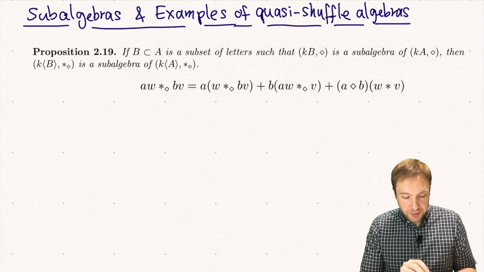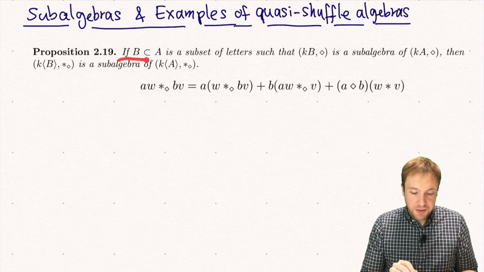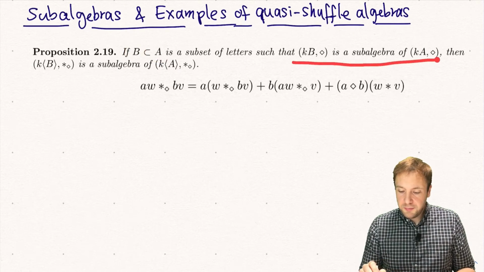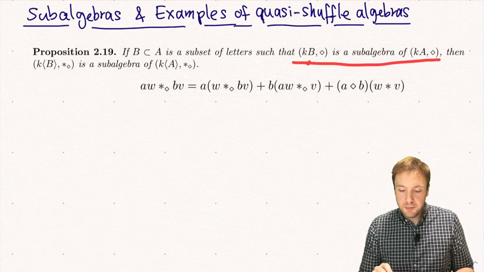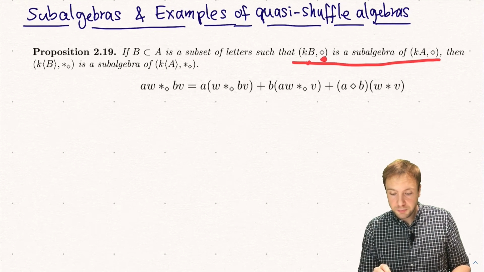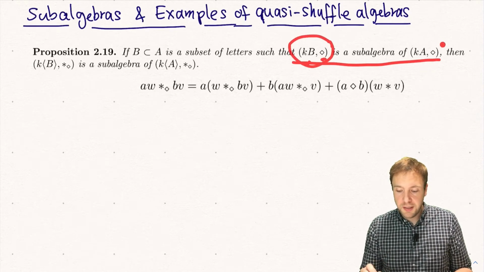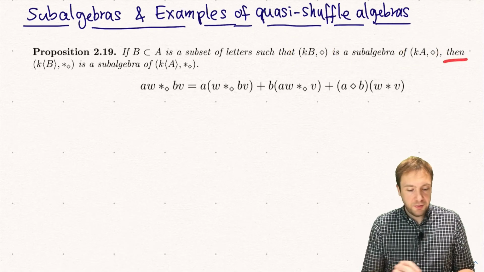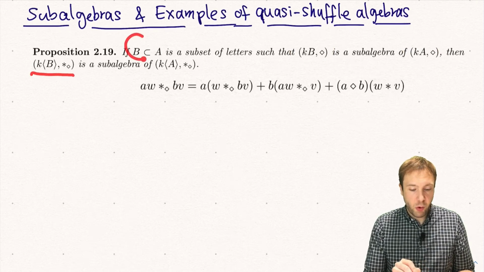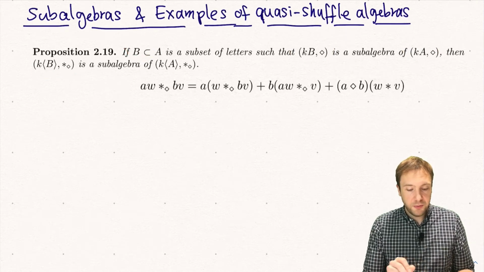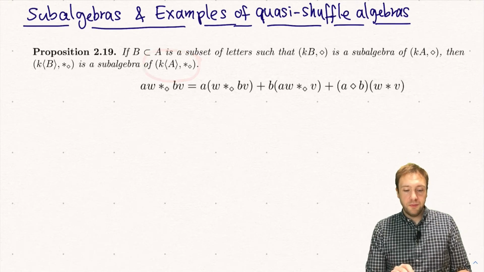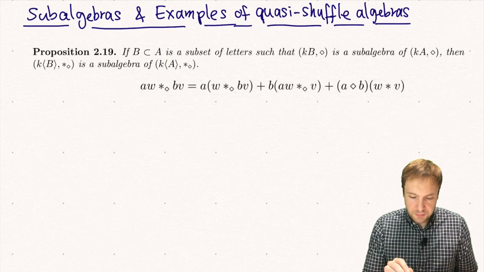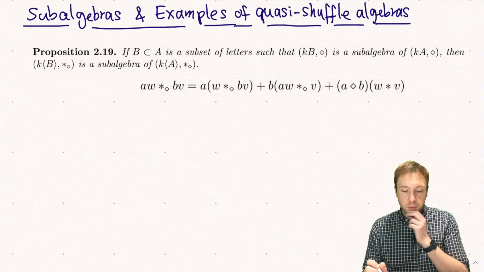But first, this observation here, namely, if I have the set of letters A and I have a subset B, such that this space spanned by B is closed under this diamond product, meaning we get a subalgebra of the algebra of letters here, then the statement is that the space of words, where we just use letters in B, is also a subalgebra of the algebra of words, where we use all letters in A. And this is quite simple to see by the definition of the quasi-shuffle product.